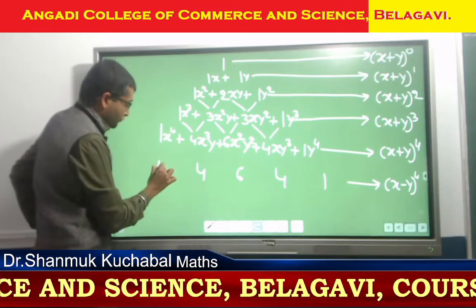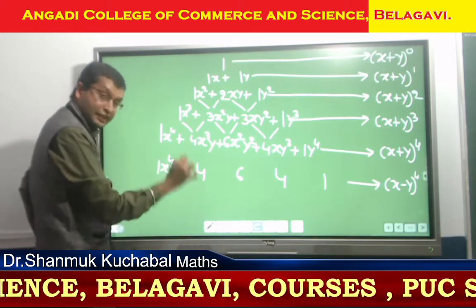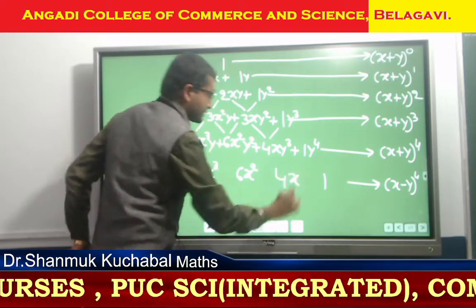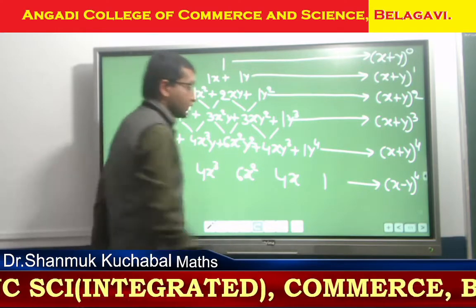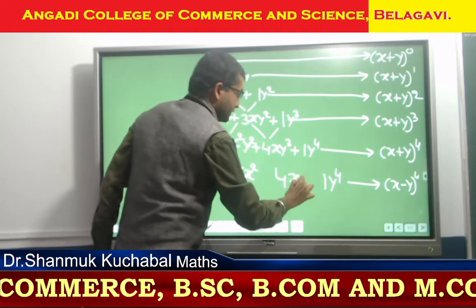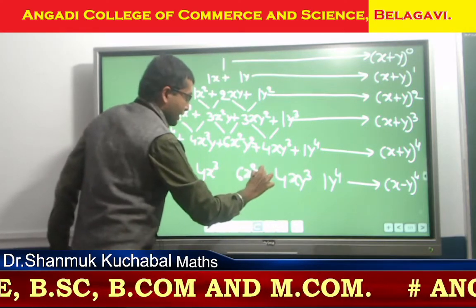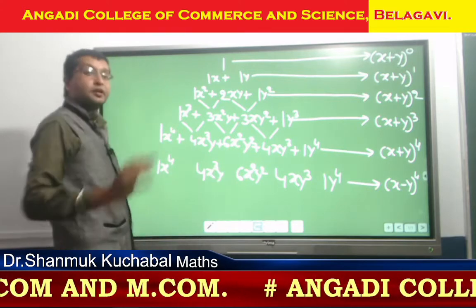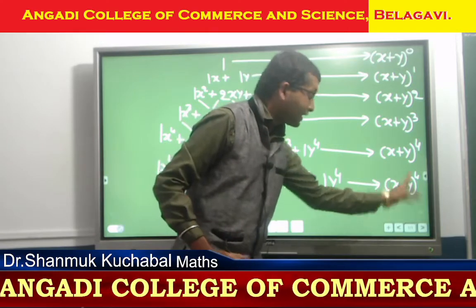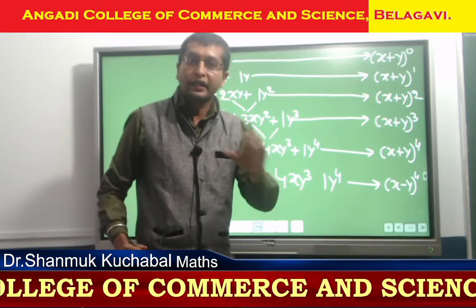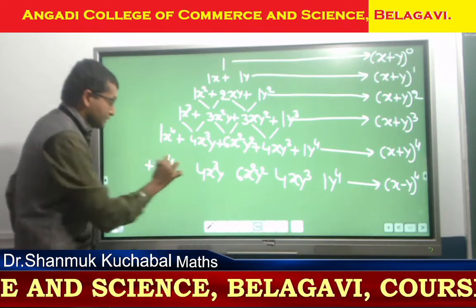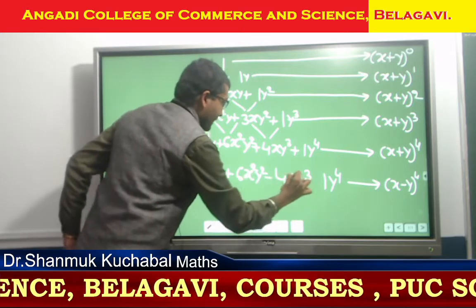Here x raised to 4, decrease it, x cube, x square, x, then x raised to 0 is 1. In the same way, y highest power is 4, y raised to 4, y cube, y square, y, y raised to 0 is 1. Now, dear students, you can observe that it is plus and minus. That means we assign alternately positive and negative. Therefore the first term is positive: plus, minus, plus, minus, plus.